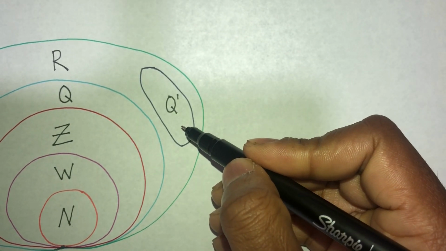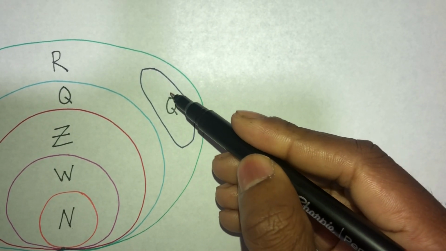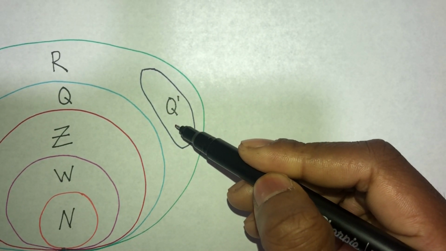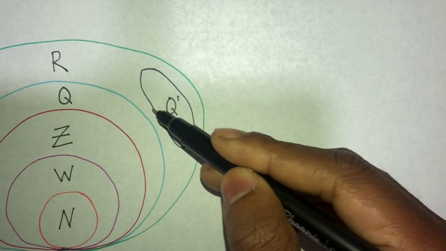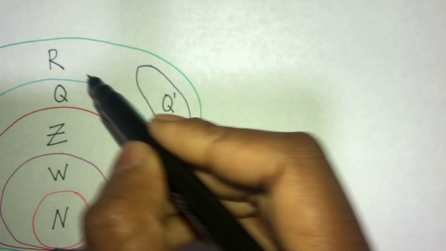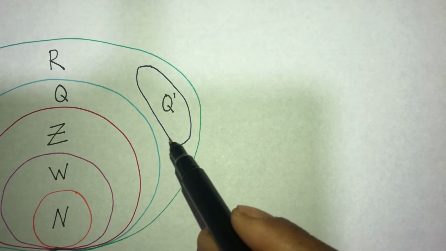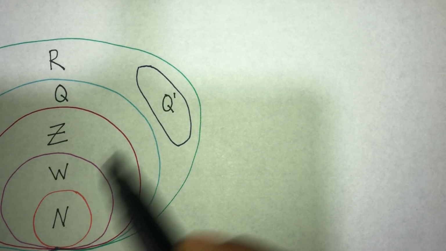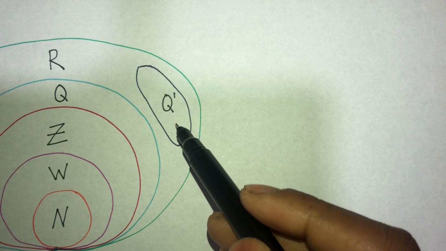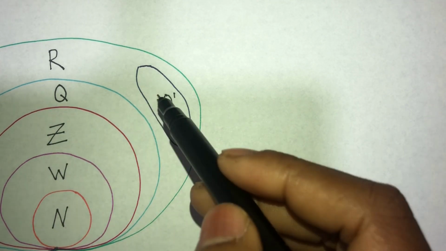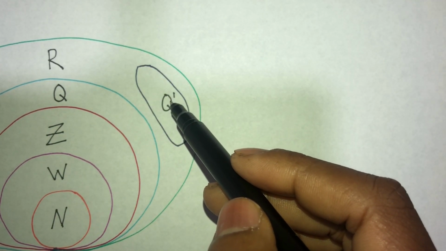For Q prime, however, which represents irrational numbers, this is only a subset of real numbers. So a natural number cannot be an irrational number. A whole number cannot be an irrational number.